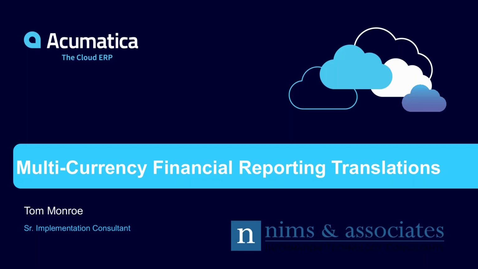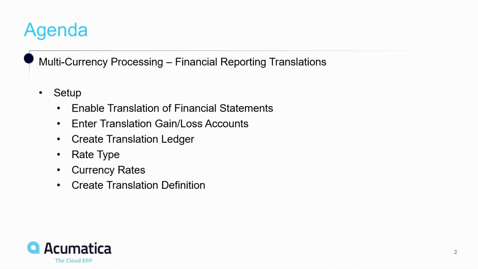So how do we do that? Well, let's take a look at our agenda. So the first thing we need to do is enable the functionality that allows for the translation of financial statements. If that's not enabled, we can't do any of this processing.